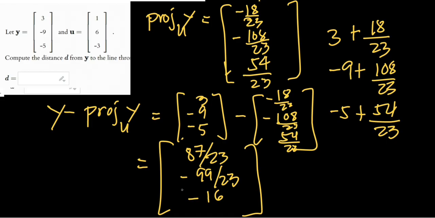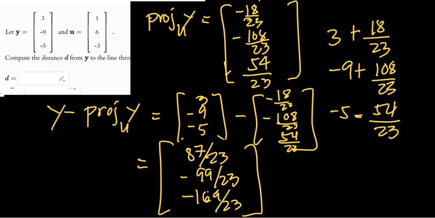Okay, 23 times 5 is 115, and negative 115 minus 54, because 54 is positive, so it should be negative 169 over 23.